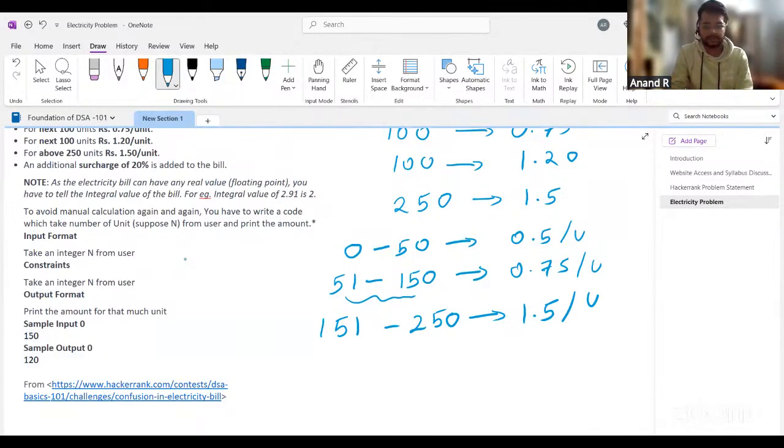Is this clear? And if it's more than 250, that means 251 till infinity, the cost of consumption is 1.5 per unit.